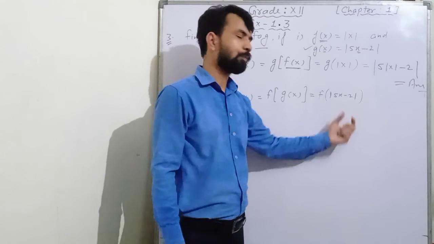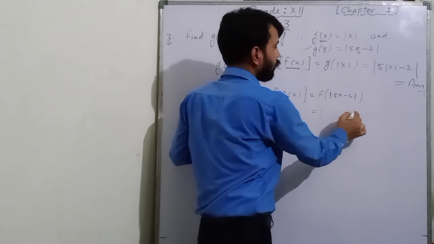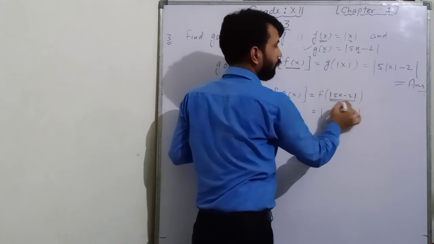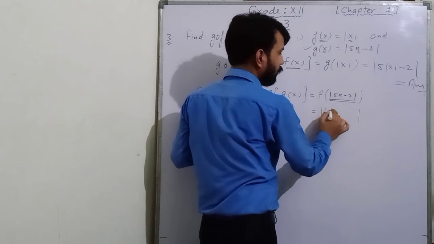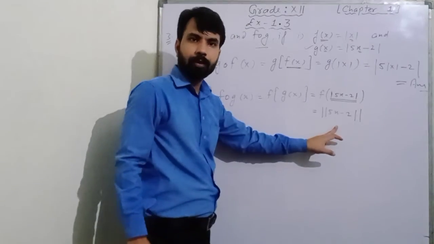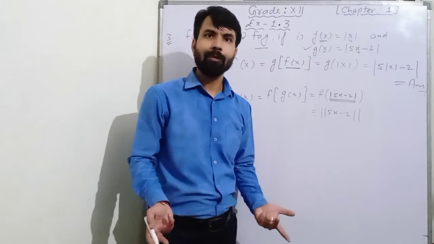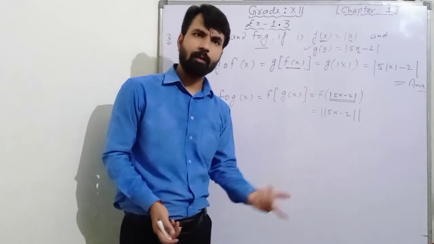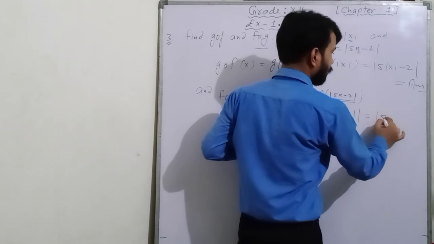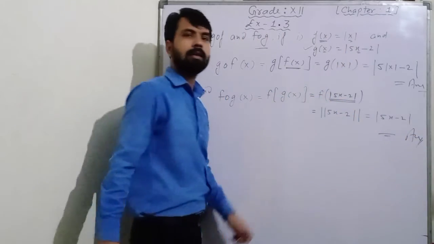Are you getting this? Yes. So mod of x is there, so in place of x we can substitute this whole value, mod 5x minus 2. So there will be double mod. Understood? And we know that the value of double mod will be same as the single mod, right? So this double mod we can also write as single mod. So its value will be, we will remove one mod, modulus of 5x minus 2.